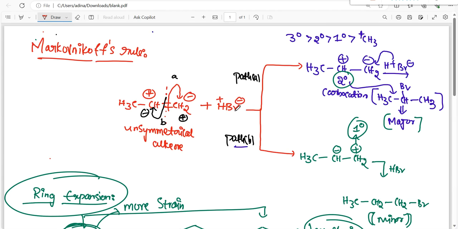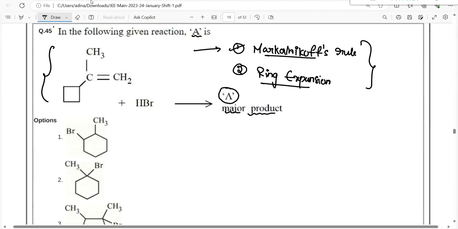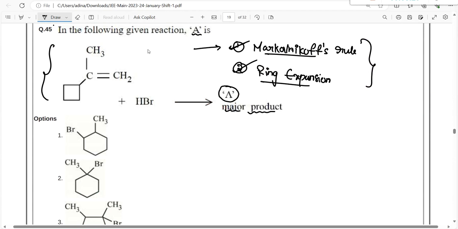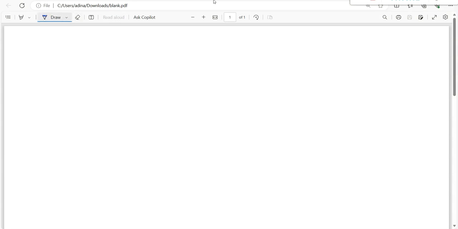Now let us try to understand today's question mechanism. I hope these two concepts are clear to you. Now let us try to solve this question. By yourself you can solve this. Here also two possibilities. CH2 bond CH3.